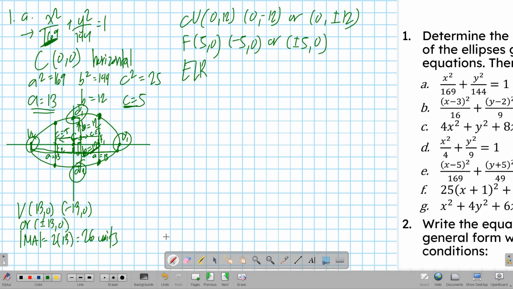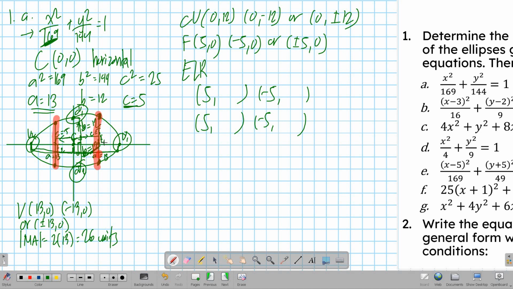Now, as we can see, we can notice that the highlighted latera recta are vertical. That means they should have the same abscissa as our foci, since they are aligned. So we're going to have 5 comma something, 5 comma something, and negative 5 comma something, negative 5 comma something, because they have the same abscissa as the two foci.